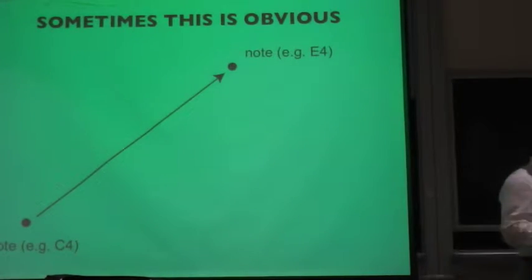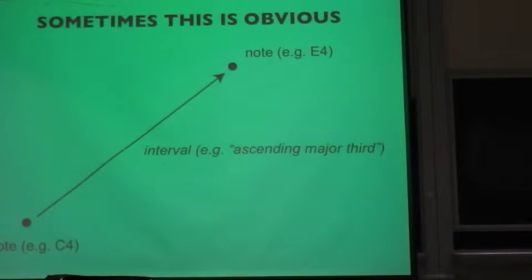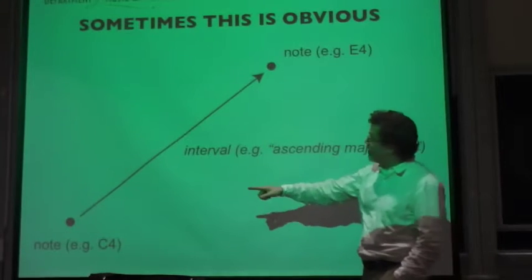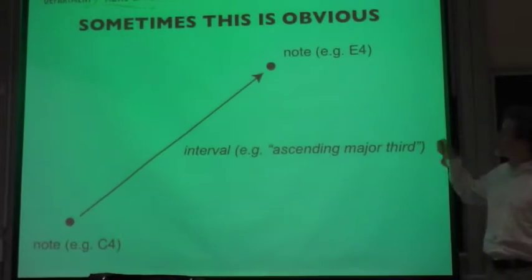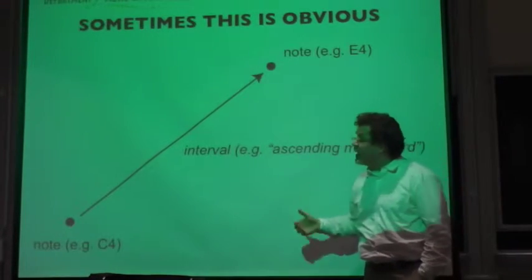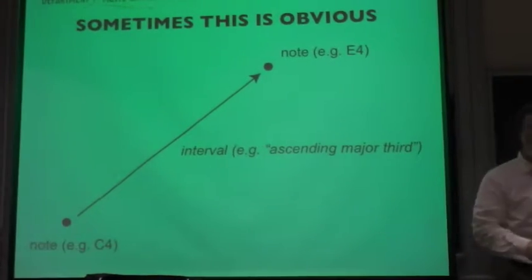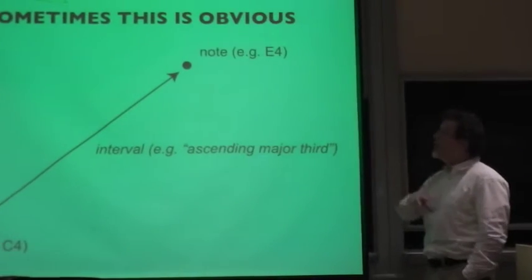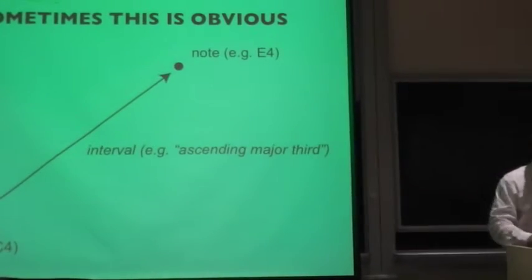The points in this space are all called notes, and the vectors are all called intervals. So the name for this vector is the ascending major third. And basically the space of notes and intervals is one-dimensional real affine space. It all just works out beautifully, the translation between points, vectors, notes, intervals, and so on.